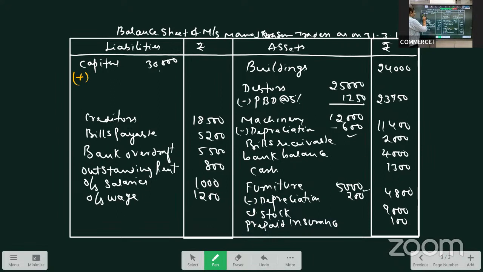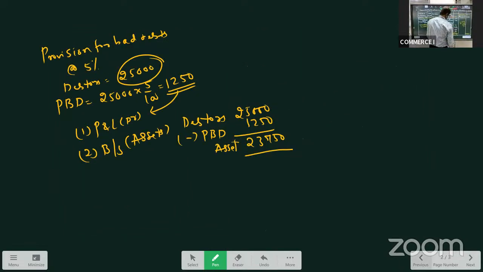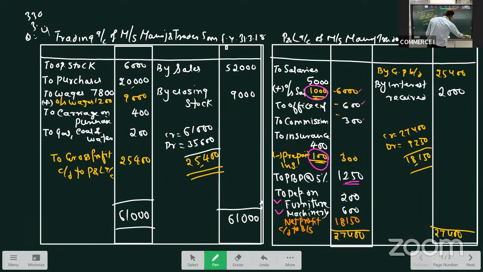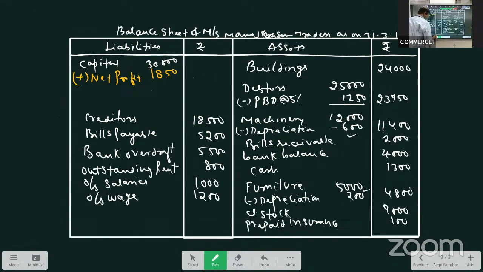We have to add net profit. What is the profit we got? 18,150. So I am adding 18,150. 48,150 is the net figure.